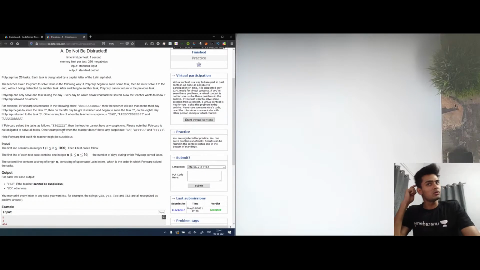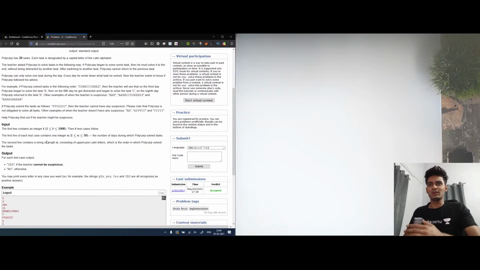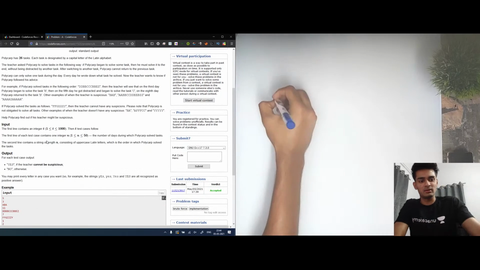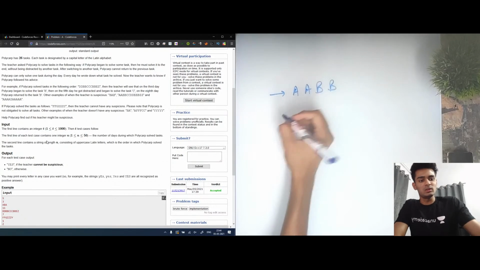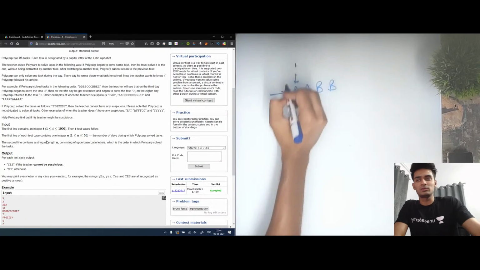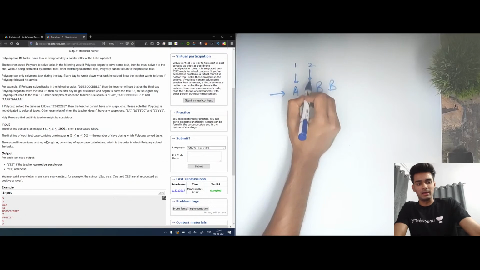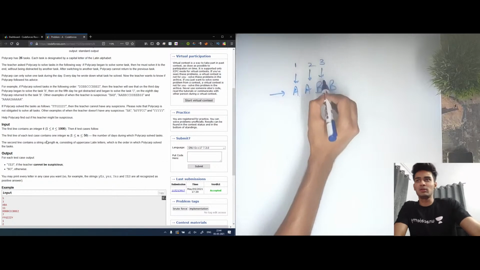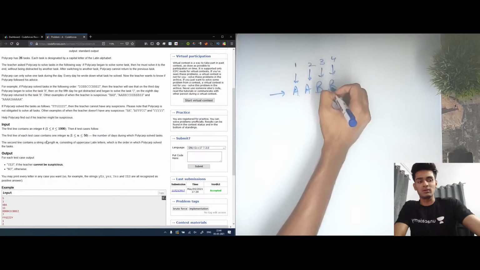I hope the problem was clear to everybody. What they're trying to say is, let's say the order is A, A, B, B. This tells us that on day one, Polygraph was solving problem A, on day two as well he was solving problem A. Then on day three he started solving B, and on day four he was solving B only.